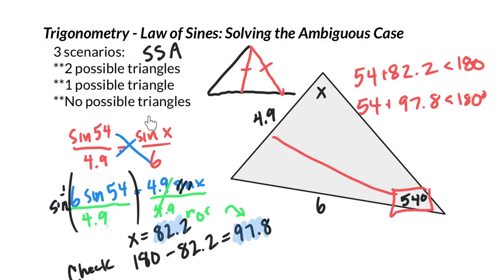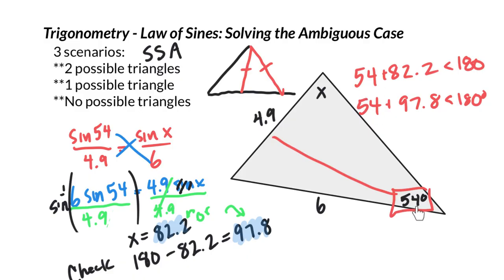One possibility is there are no possible triangles. Essentially, the height of the triangle is larger than the opposite side, and you'll just get an error. Another possibility is one possible triangle, meaning one of the sides is so long it can't possibly, almost like this one, hinge over and go beyond the bottom of the triangle, and you'll know that by doing our check. You'll get your number, figure out the supplement of the angle, and then check with the given.